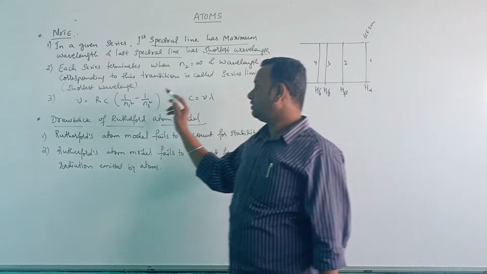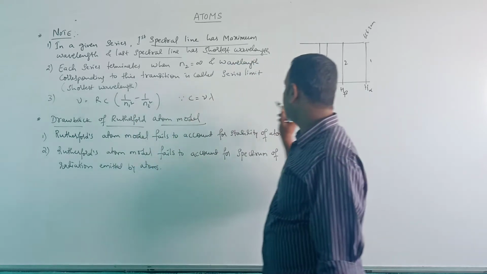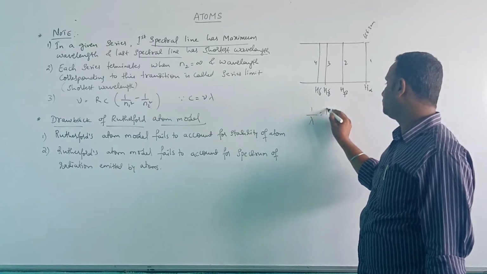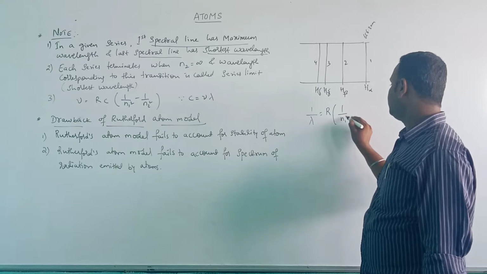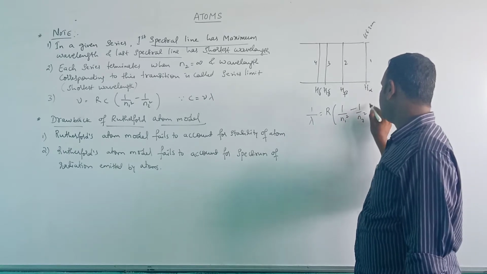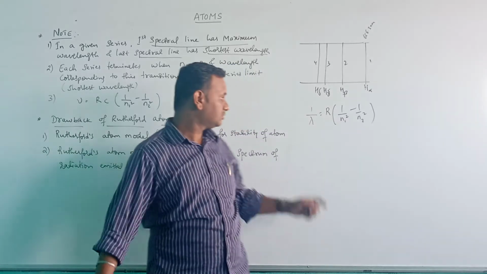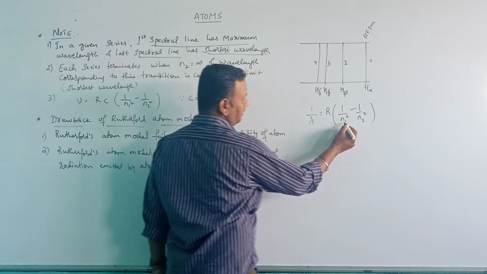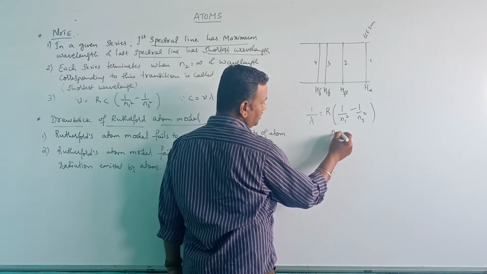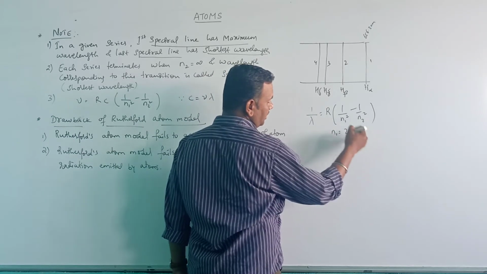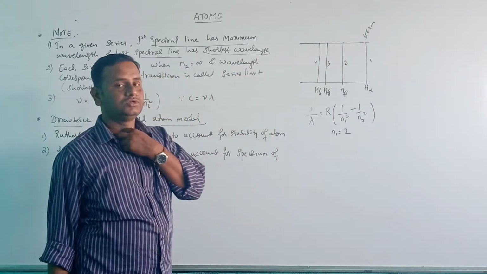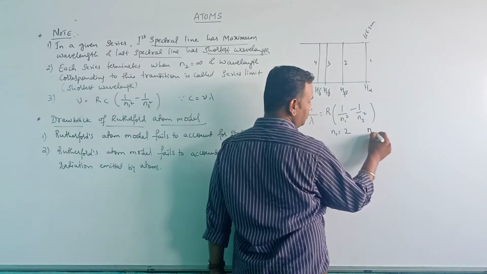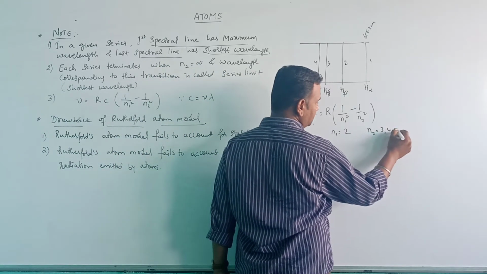Here, I have explained the empirical formula: 1 by lambda is equal to R into (1 by n1 square minus 1 by n2 square). For the Balmer series, n1 is equal to 2 and n2 is equal to 3, 4, 5, 6 and so on.